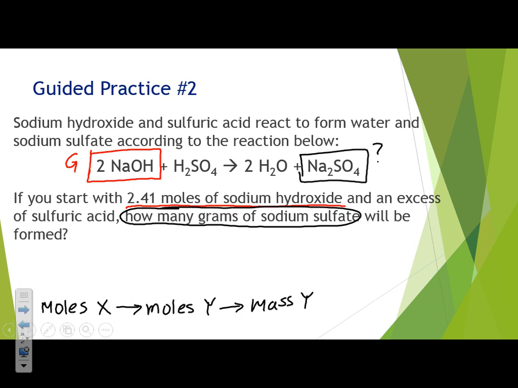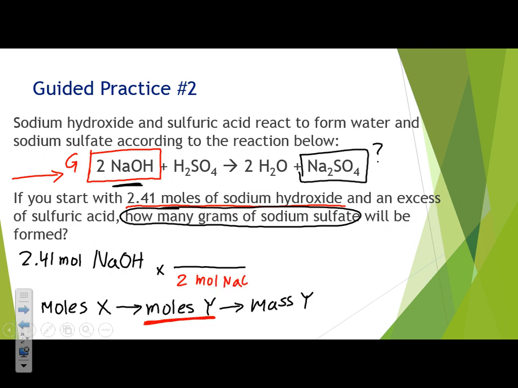So here we've started with 2.41 moles of sodium hydroxide, which here was NaOH. So we need to set up a conversion factor to get us to moles of Y. That's going to require using our chemical equation. So for every 2 moles of NaOH, we had 1 mole of Na2SO4.